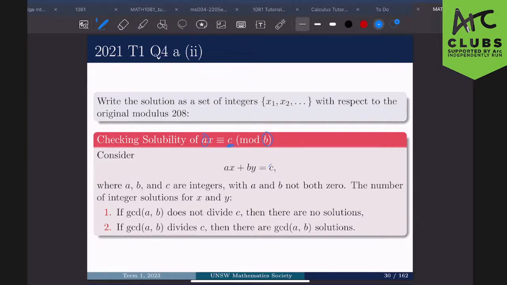What we've done just won't work. There won't be integers which will get us to C. And if it does divide C, then the number of solutions is equal to the GCD. So in this case, our GCD is 4, so that means there will be 4 solutions.